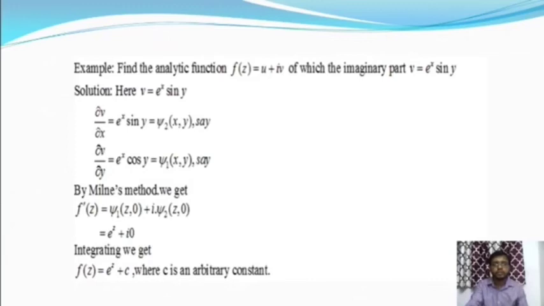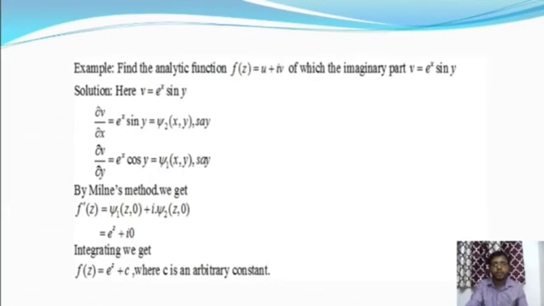So phi 2 of x comma y will be e to the power x into sin y. And similarly, del v del y, the partial differentiation with respect to y, gives e to the power x into the derivative of sin y. The derivative of sin y is cos y, and we say it is psi 1 of x comma y.